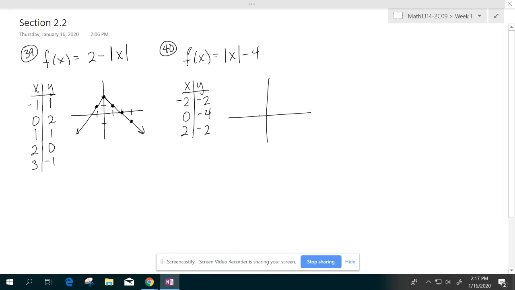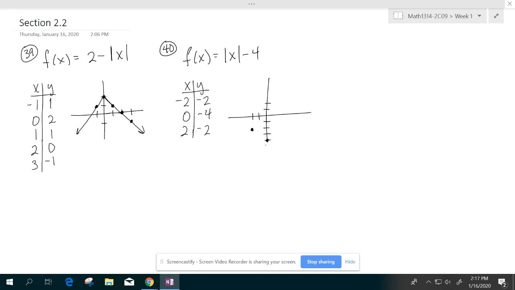All right, let's plot the points. If I go -2, I'm going to be down 2. Back 2, down 2. If I stay at the origin, I'm going to go down 4. And that particular point has a special name. Do y'all know what we call any point that has an x coordinate of 0?